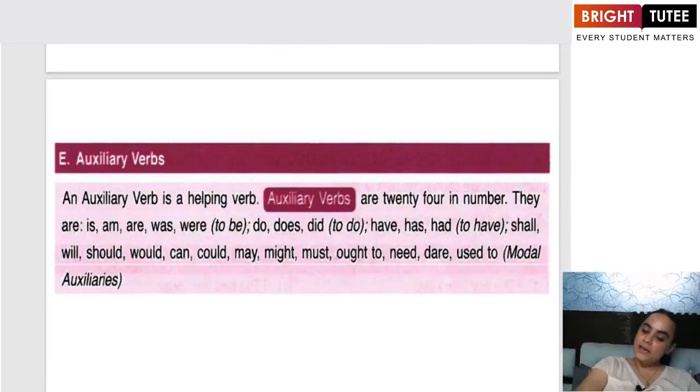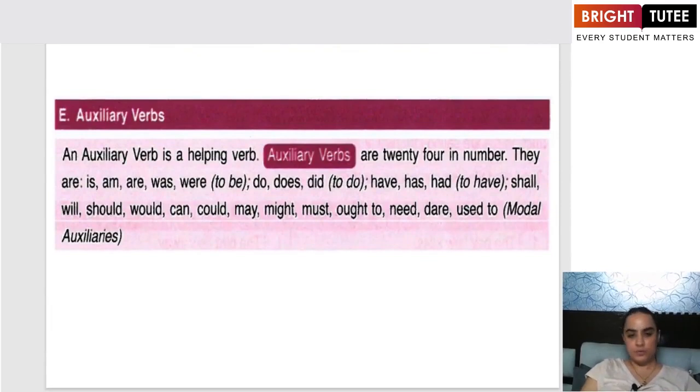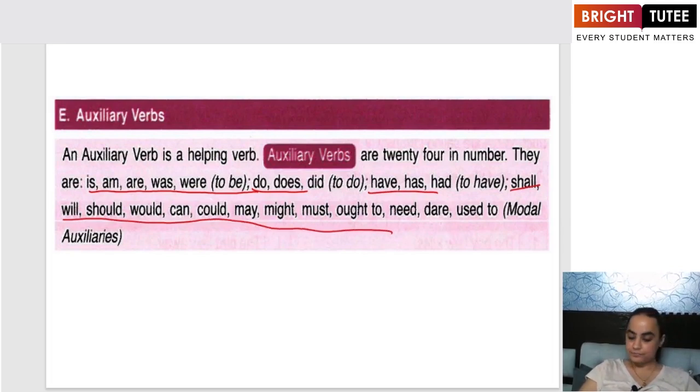Okay? Next, we also have auxiliary verbs. Now, what are auxiliary verbs? These are very simple. We all use them every time in our sentences. Is, am, are, was, were, do, does, has, have, had. Then the modal verbs that we have: shall, will, should, may, might, must, ought to, used to, dare.